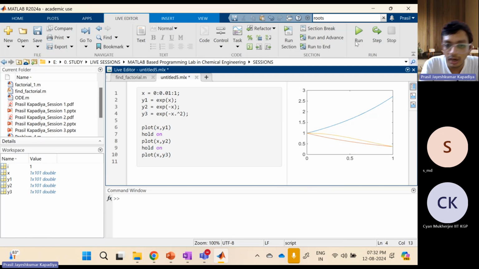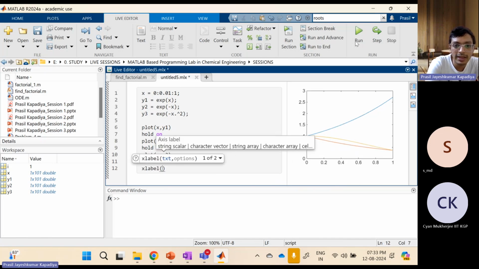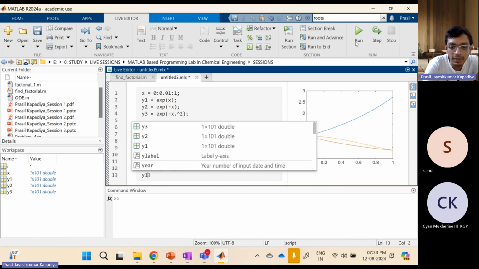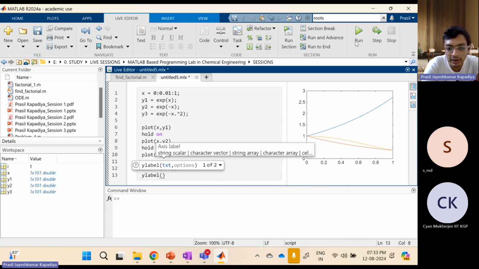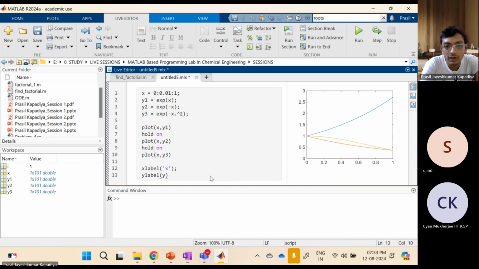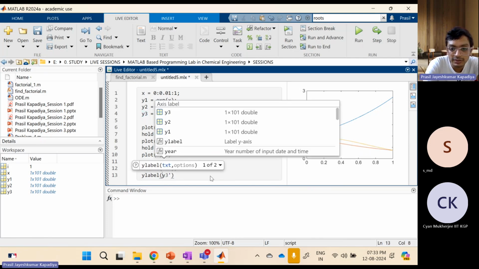But let's say I want to differentiate these things. So let's say I'm putting xlabel. What is my xlabel? Let's say it's just x. For ylabel, let's just put it as y. But I want to differentiate these colors. So how can I differentiate these colors?